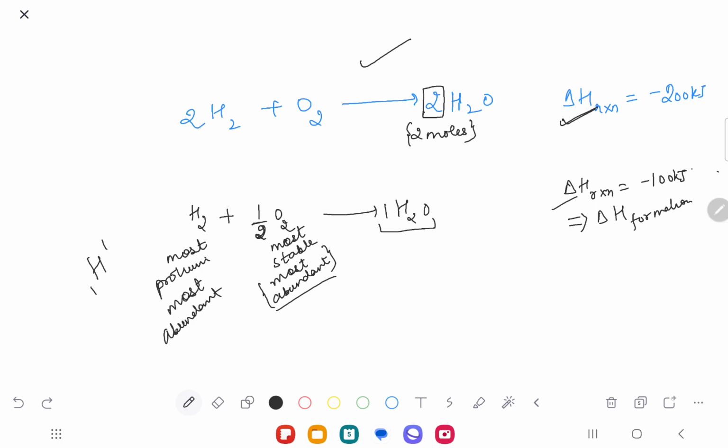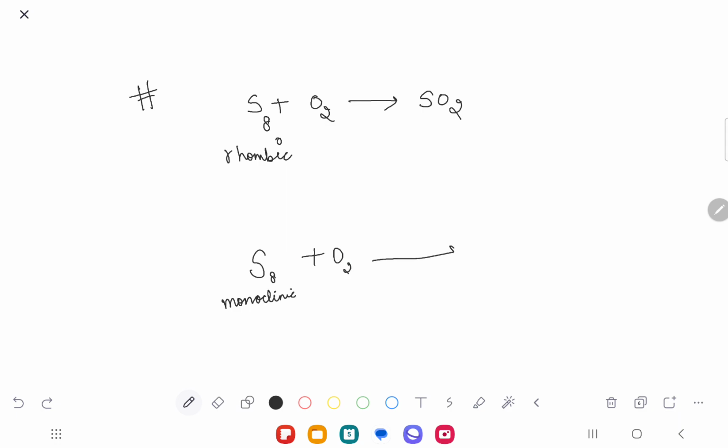Right? So now when we have the equation like this, if I say sulfur dioxide, so if I write down S8 plus O2 gives me this. And here I'm saying sulfur is being used in the form of rhombic sulfur. And here I'm burning monoclinic sulfur plus O2 to give me SO2.